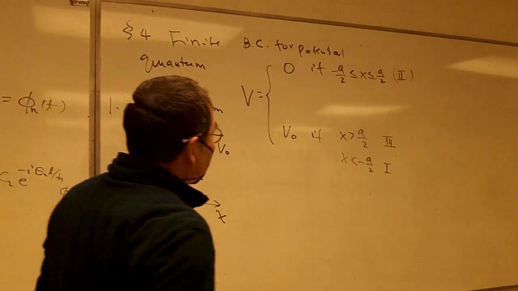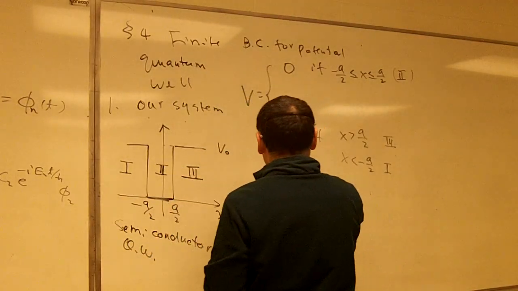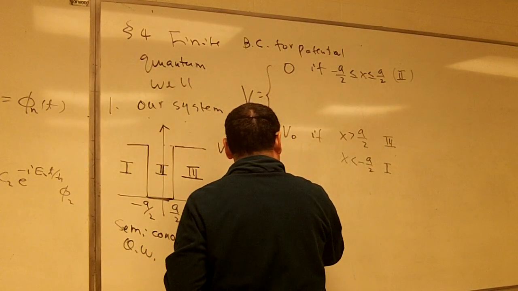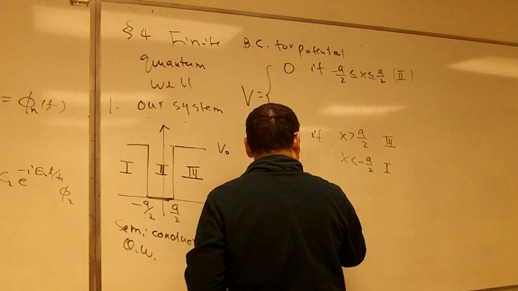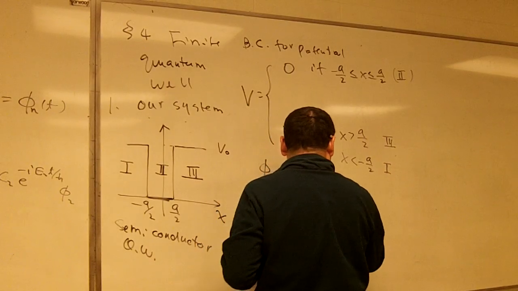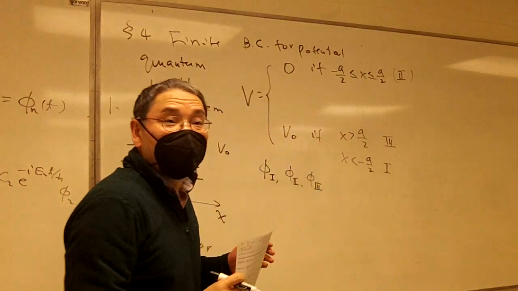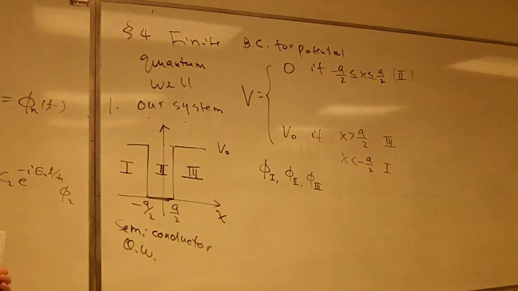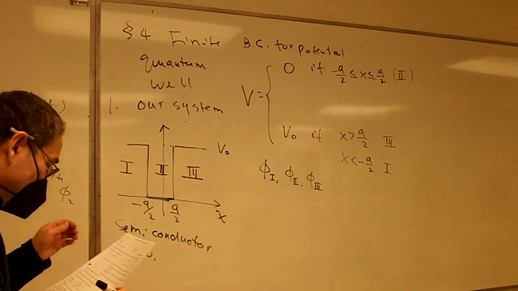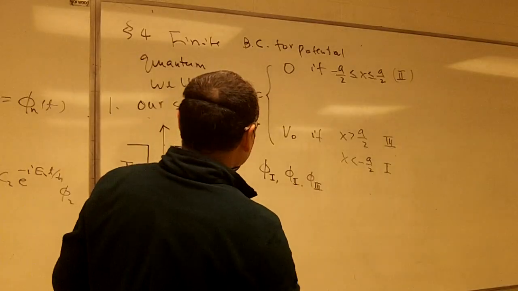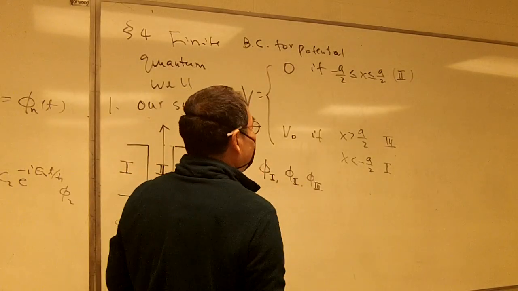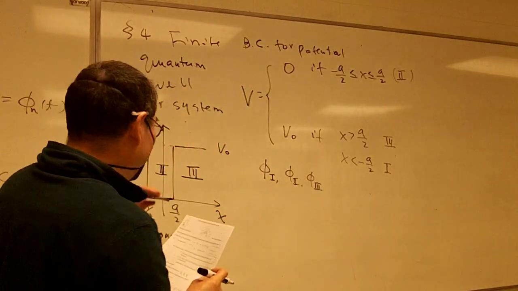Then for the wave function, we will also use phi 1, phi 2, phi 3. What we are going to calculate is exactly the same thing as we did in the particle in a box. These are the 3 regions, and we have 3 wave functions connected to each other.